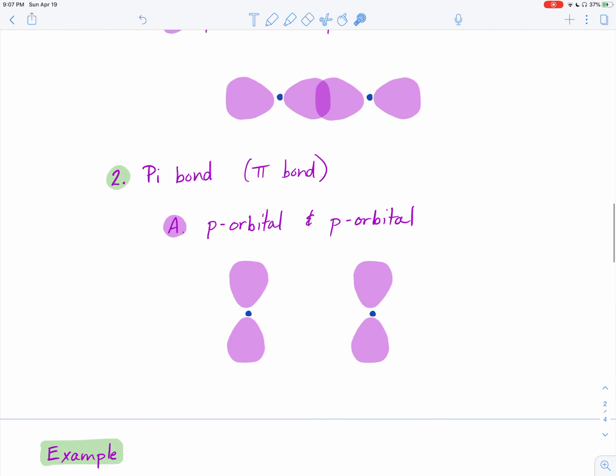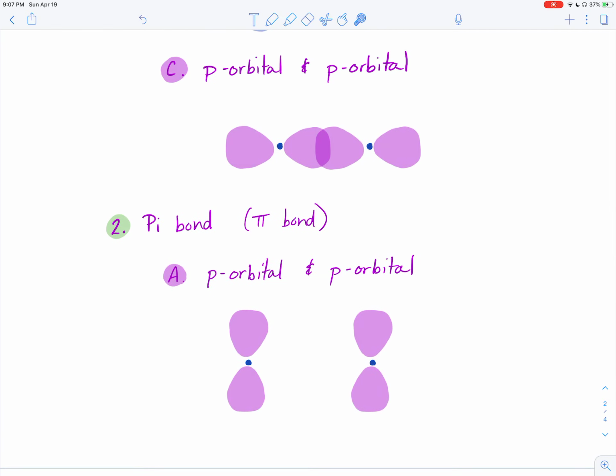The second kind of overlap that you can see is called a pi bond. For a pi bond, you can write it out or you can use the pi symbol that I have written here. The way that a pi bond works is it's no longer an end-to-end p orbital overlap.